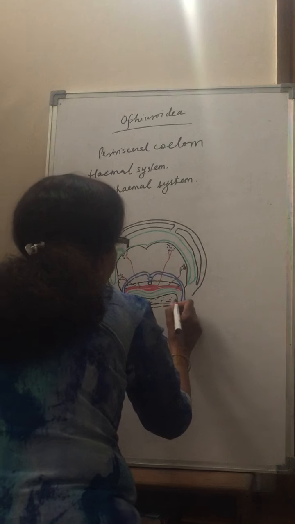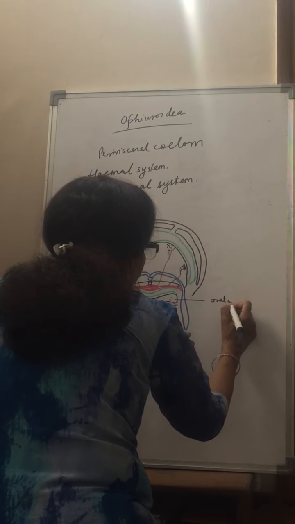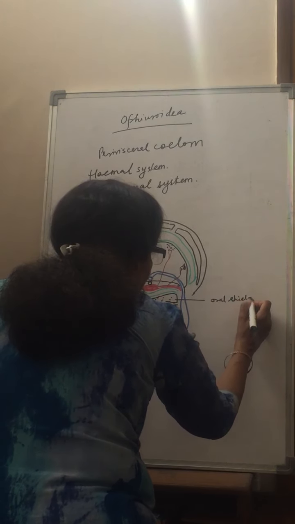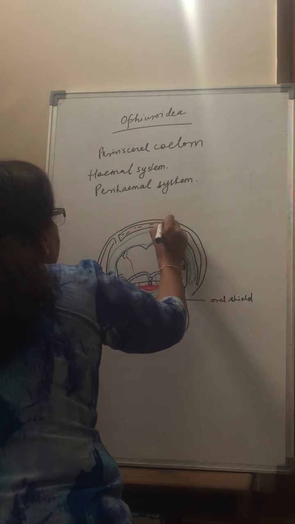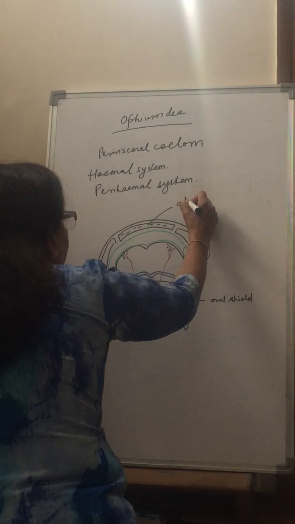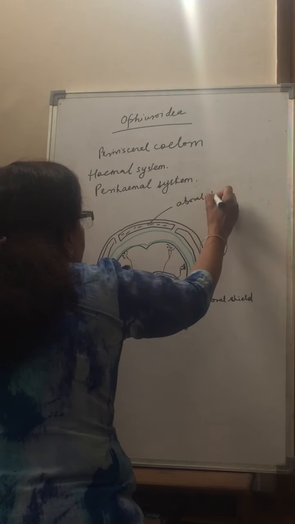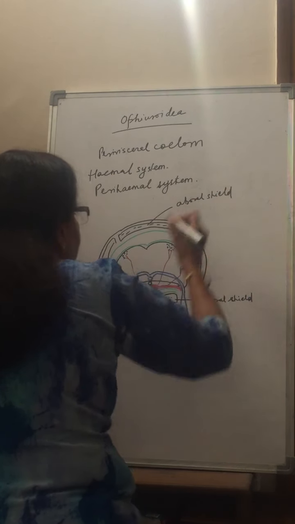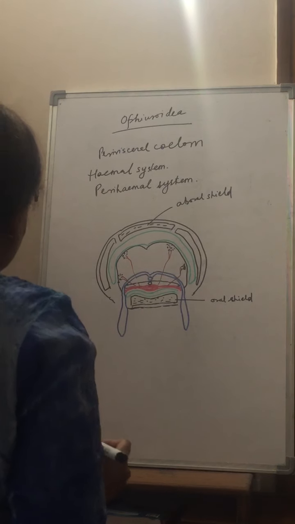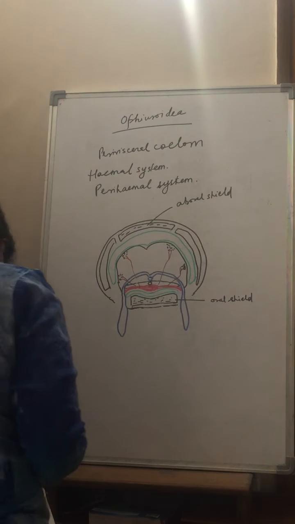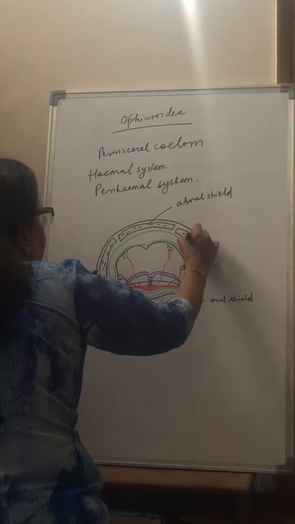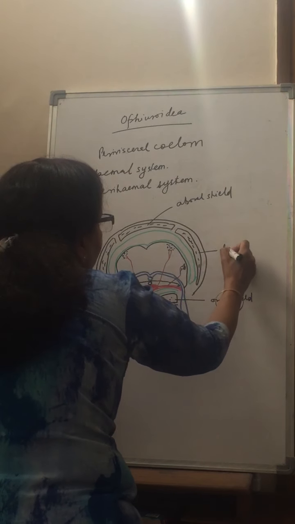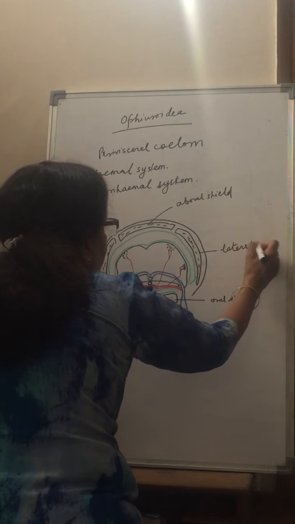Now if we label it, this is the oral shield. Now this is the aboral shield, and these are the lateral shields.